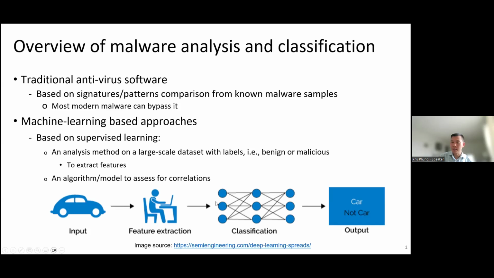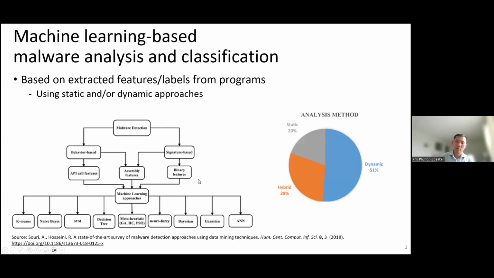Every step in this picture is important, right? However, in security, in my opinion, the analysis, the method to analyze the code, is one of the most important steps here.